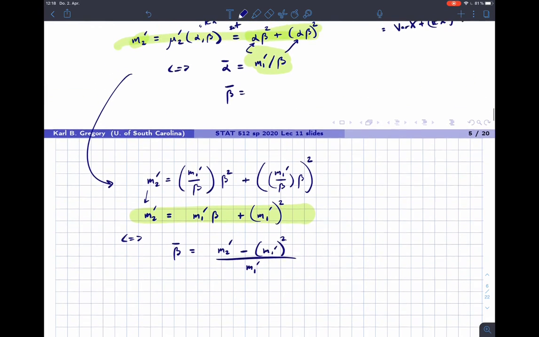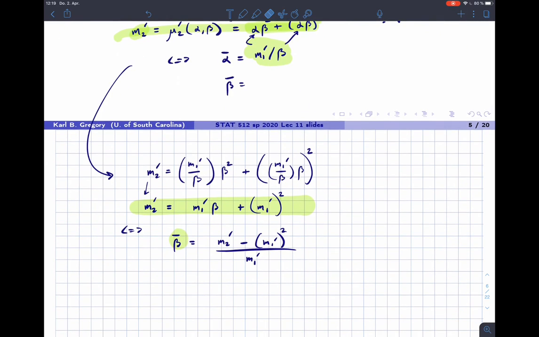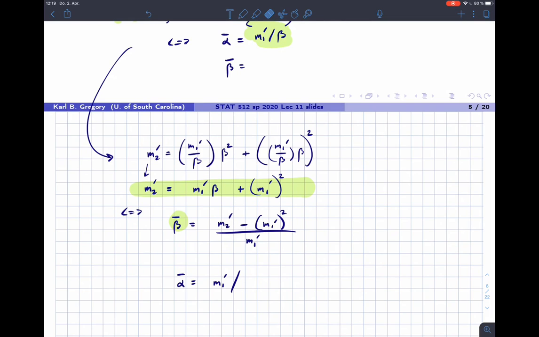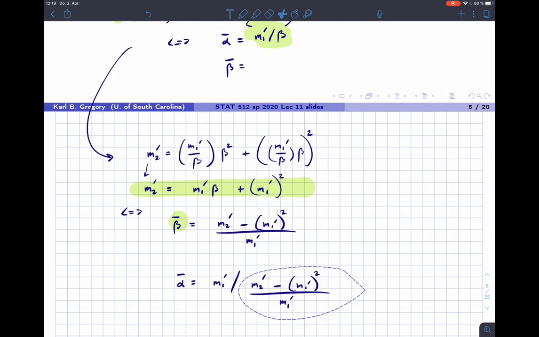And now I can plug this in to get my alpha bar. So alpha bar was M1 prime divided by beta, and so I'm going to put all of this in here. All of that goes down into the denominator.